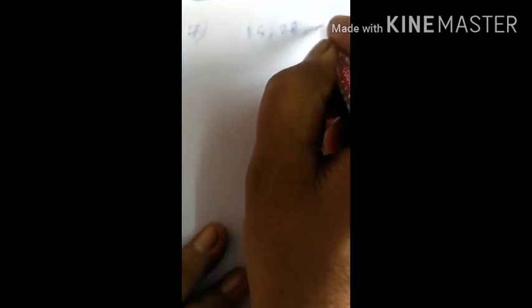Now look at question number 3, where 3 traffic signal lights at 3 different crossings of a road change every 16 seconds, 28 seconds and 40 seconds.